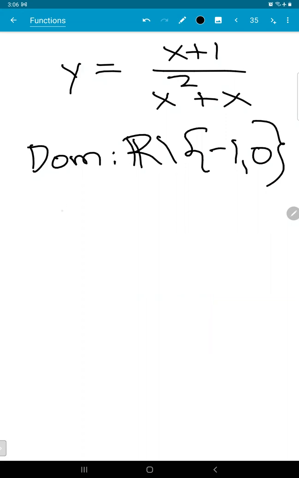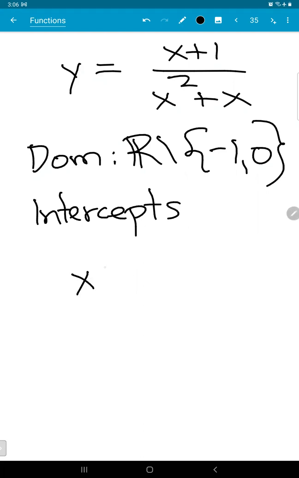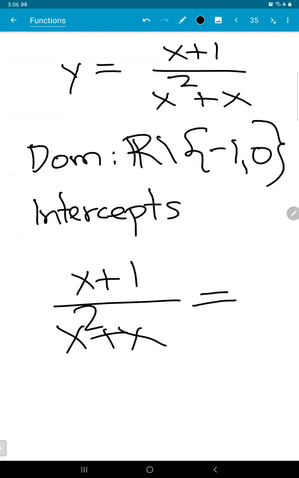And then for the intercepts, you will be equating the numerator to 0, right? Remember, you set y to 0 to get the x-intercepts.